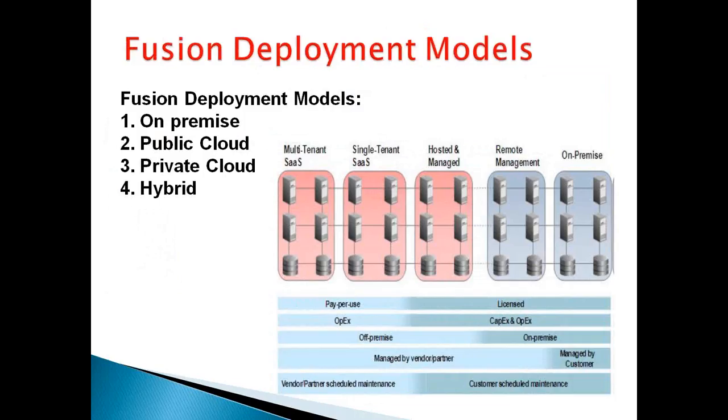And of course we talked about this multiple times in the previous slide, but just to consolidate the deployment models available with the Fusion applications, the traditional on-premise model, still you can go ahead. Otherwise, Oracle has come out with another solution called remote management, that is called on demand.